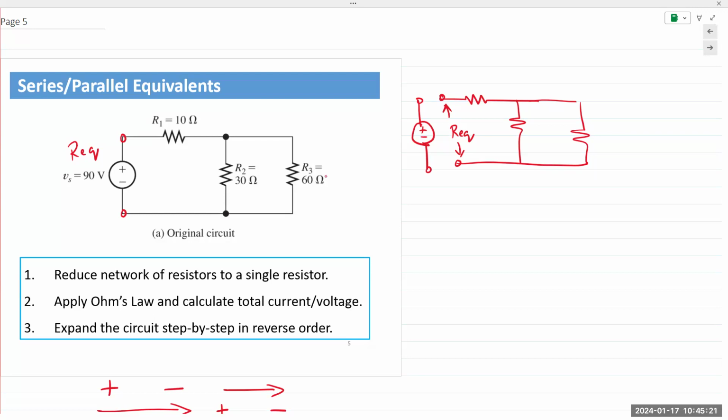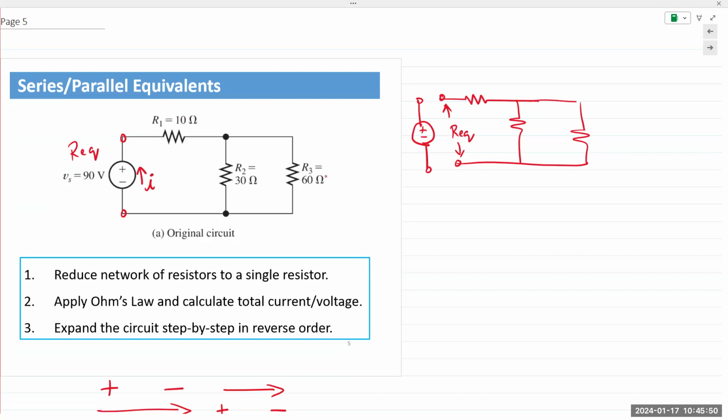So we have a voltage source, plus and minus. Which direction is the current going? Sorry, is it going up or is it going down? It's going up because it's minus. So my current direction is up. I'll label it as I or IS. VS is simply the voltage for the source.